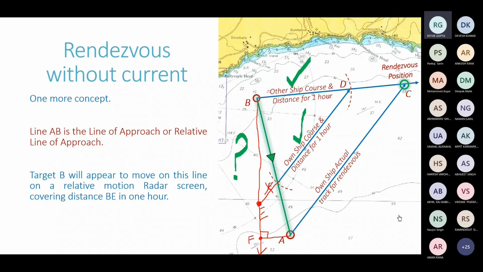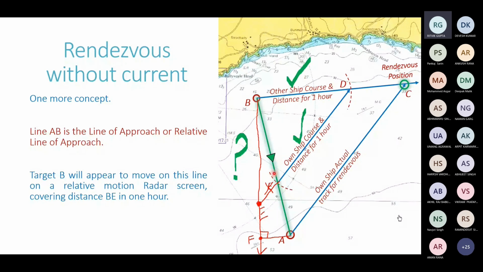Then you plot your ship's course and speed in the reverse direction from Delta point. And this point Echo which you get, if you join Bravo to Echo, this gives you the line of approach, which gives us the CPA and TCPA. So this is the extra concept which you should have in your mind and use it if required. I think there is 1 or 2 odd questions which have come in the papers related to this concept.